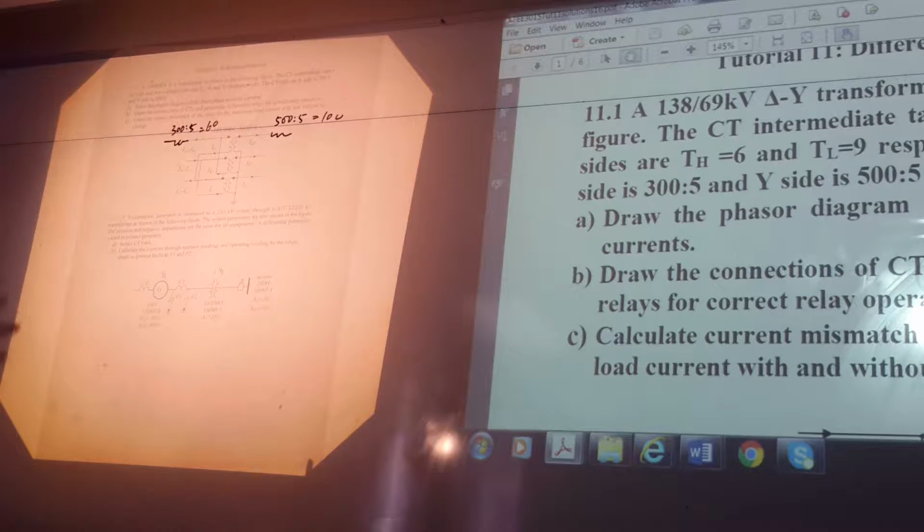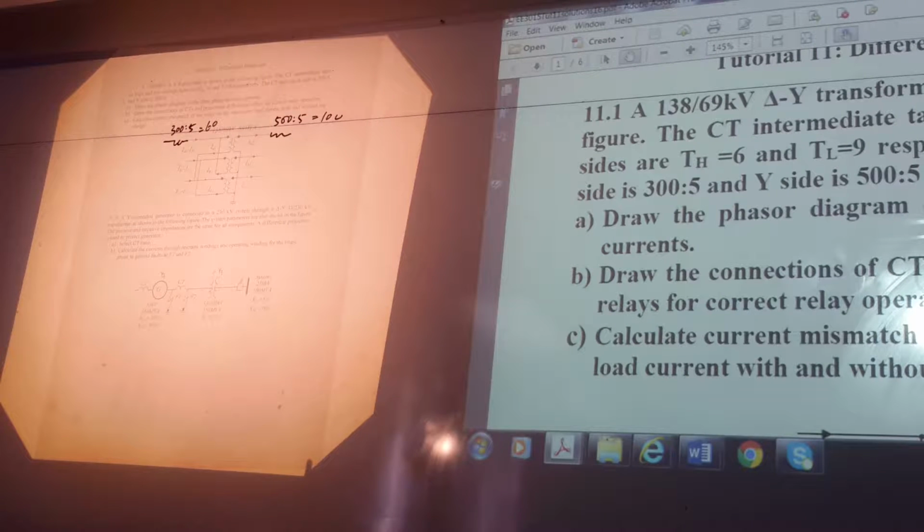So we want more or less the two sides to give you some kind of a control current through the restraint winding and through the operating winding, such that we don't want the relay to see any current if it's an external fault. So the two sides more or less must give you the same. But due to delta Y, you have an issue, because whenever you connect delta, you get line current that is √3 times the phase current.